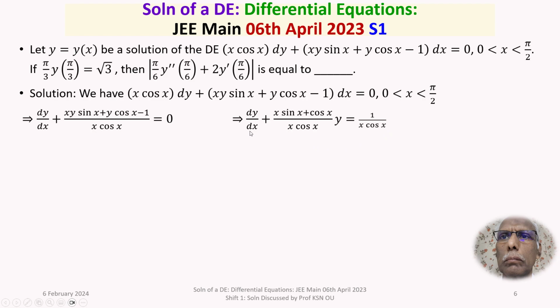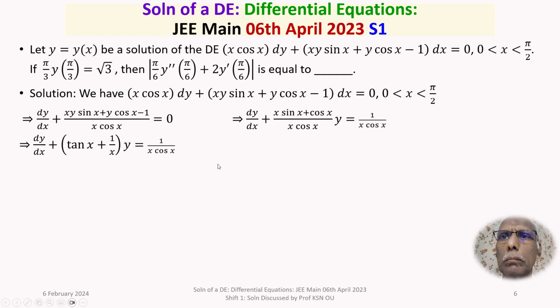We simplify: dy/dx + x sin x/(x cos x), x cancels, sin x/cos x is tan x, plus cos x/(x cos x), cos x cancels, we get 1/x. Thus you get dy/dx + (tan x + 1/x) y = 1/(x cos x).